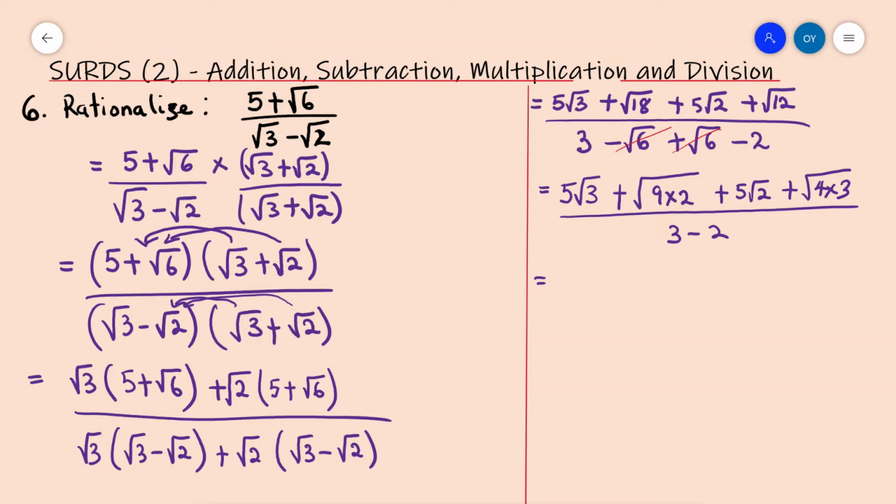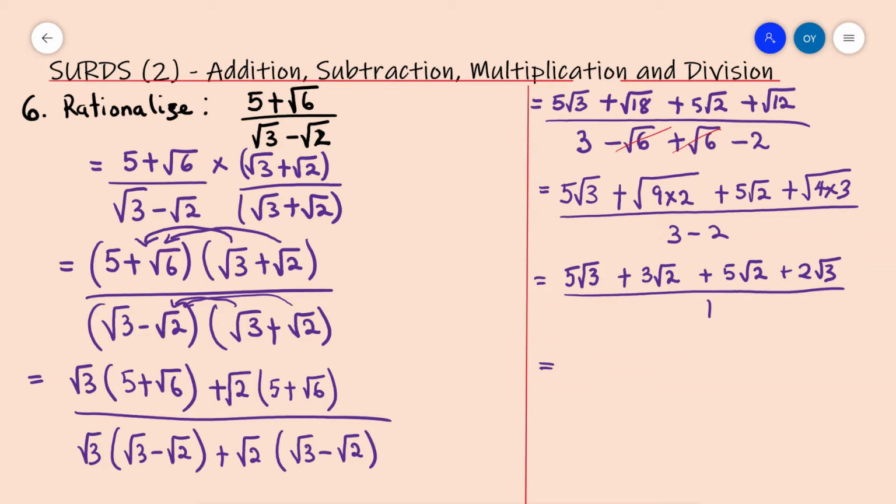Okay, so now we have 5 root 3 plus, the square root of 9 is 3, so this gives us 3 root 2, then plus 5 root 2, then the square root of 4 is 2, so we have plus 2 root 3, all divided by 3 minus 2 is 1.